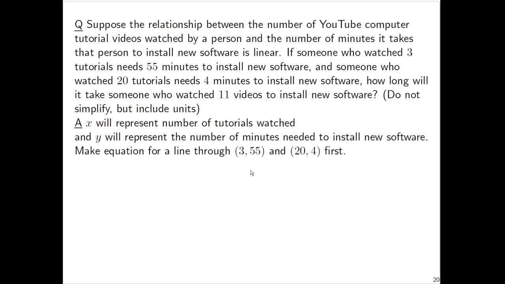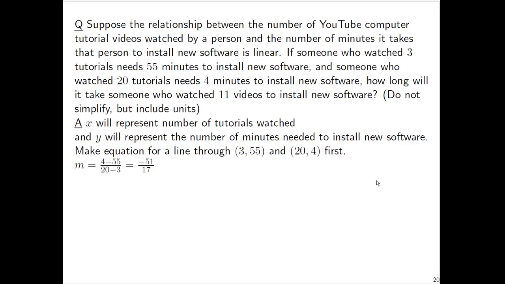So based on that x and y, from the first part of this sentence we have the point 3, 55, and from the second part of that sentence, we have the point 20, 4, right? So the order we're trying to keep here is number of tutorials watched, comma, number of minutes needed to install software.